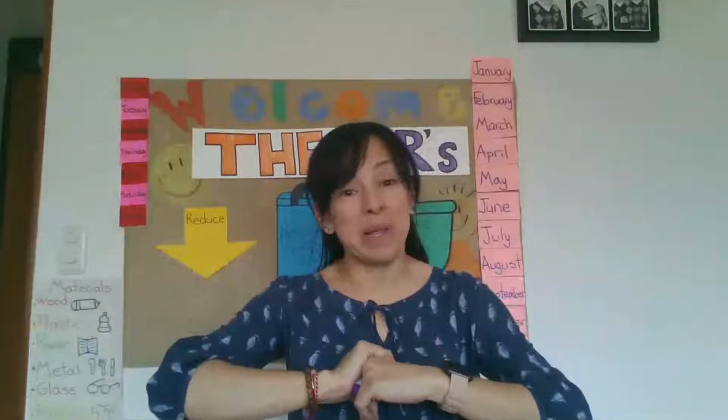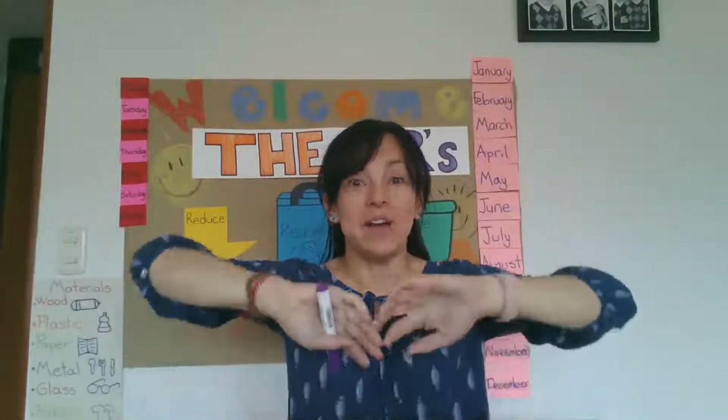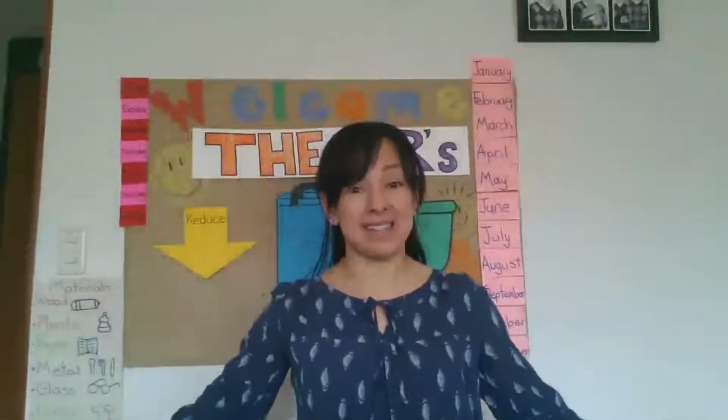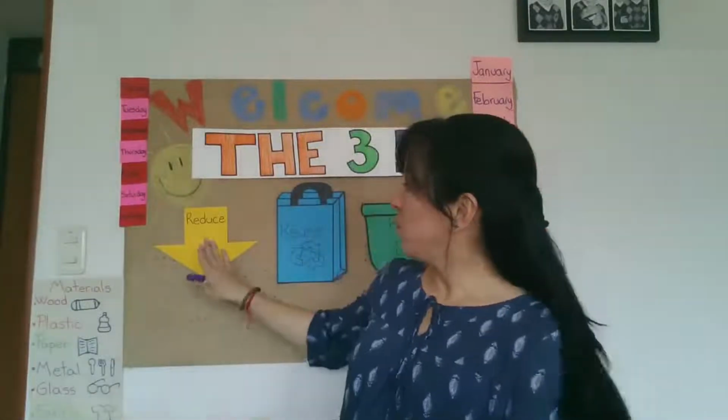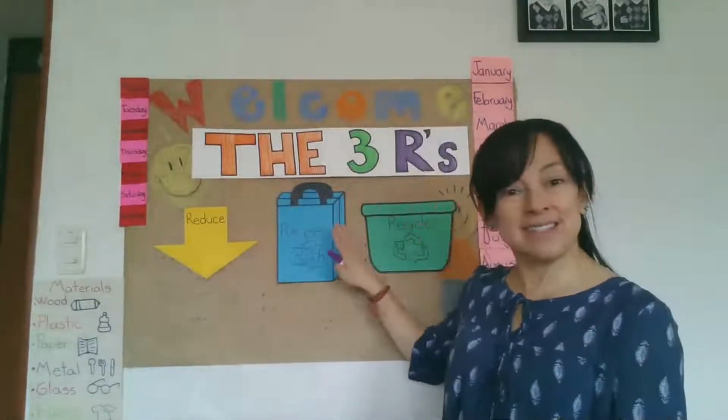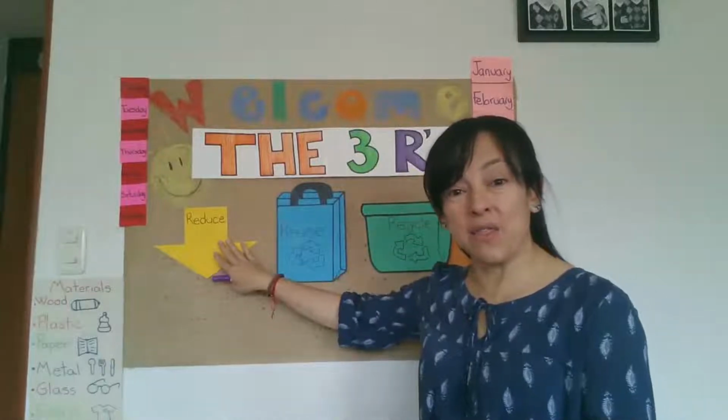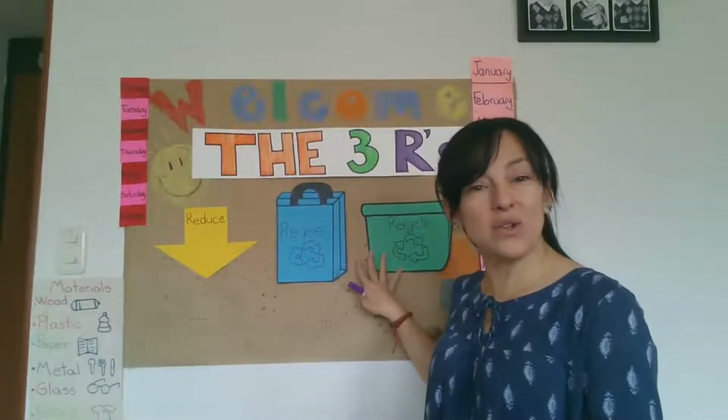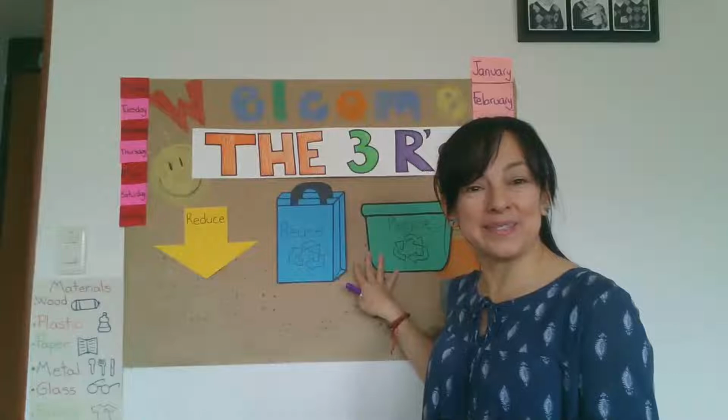What is the name of our planet? Planet Earth, right? We have to take care of our planet. And with these three words, doing these three things, we are going to help our planet.